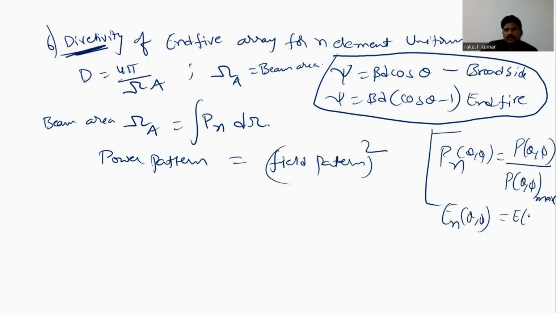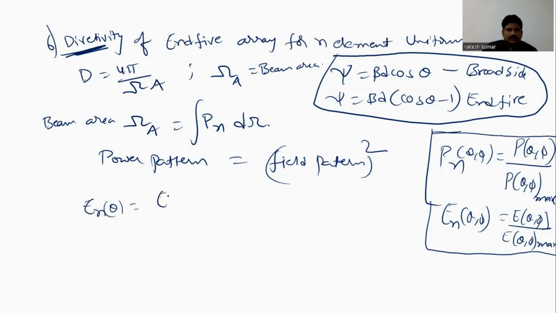It is E of theta comma phi by E of theta comma phi max. Okay, so these are the formulas. Power pattern is equal to field pattern whole square. In this, n of theta is equal to E of theta comma phi by E of theta comma phi max.